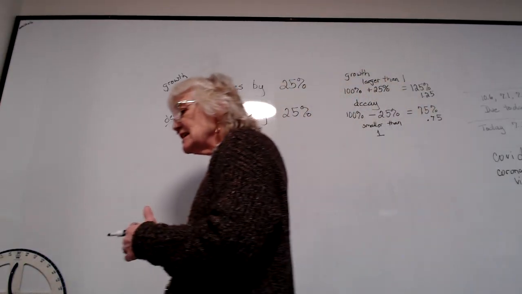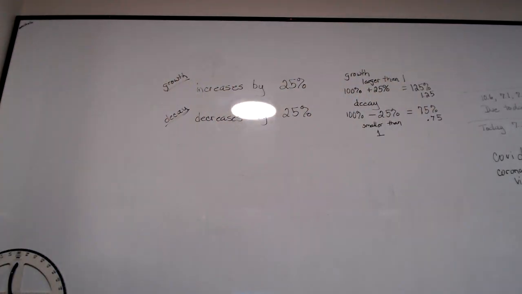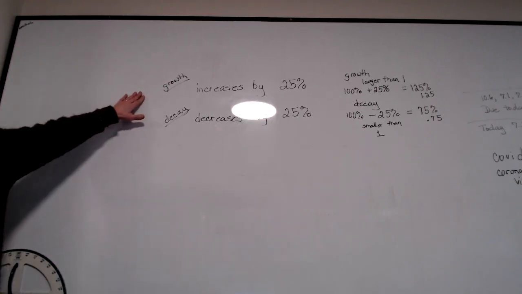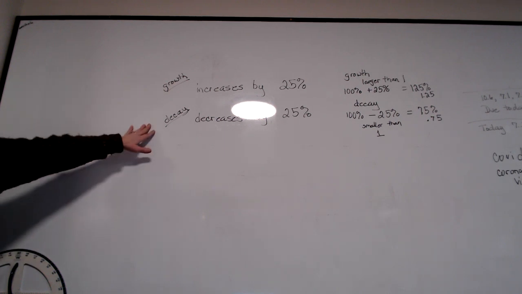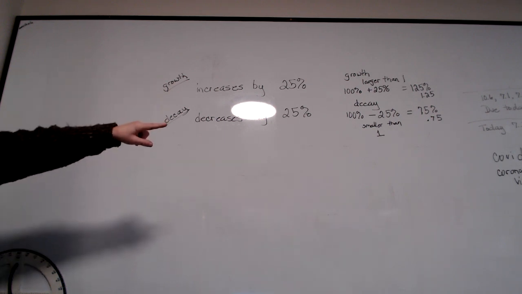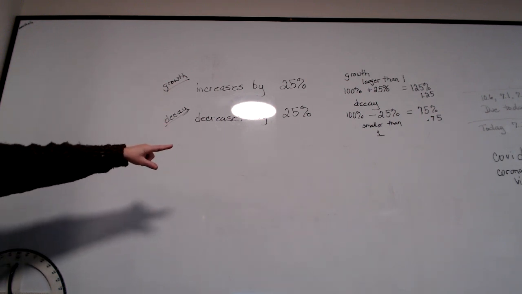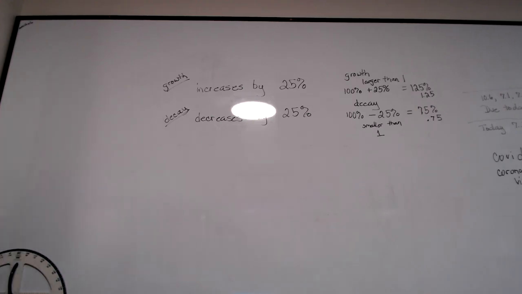And so if you just think of if it decreases or increases, if that's the wording, you have to either add it to 100% or subtract it from 100%. When you're reading these problems, if it increases, then you're adding it to 100%. If it decreases, you're subtracting it, because decrease really means subtraction. Increase really means addition.